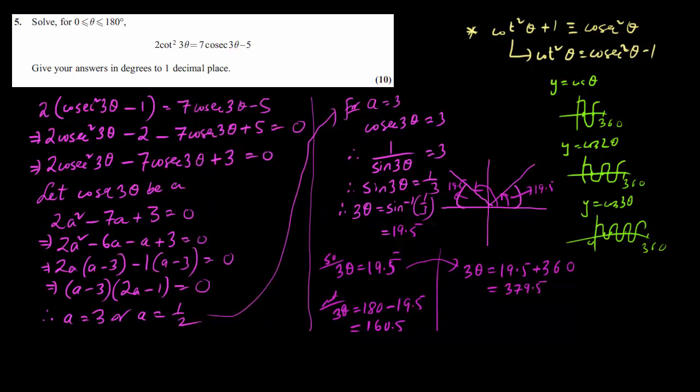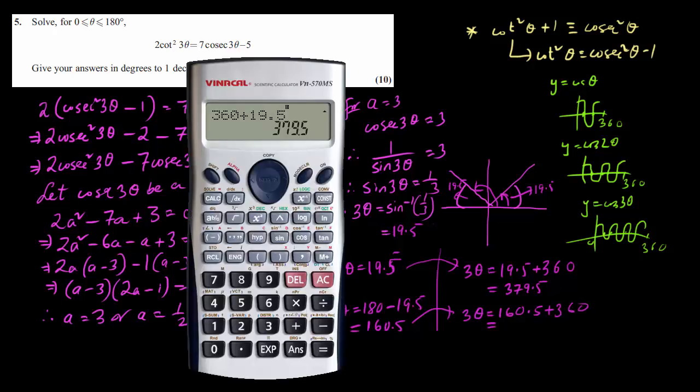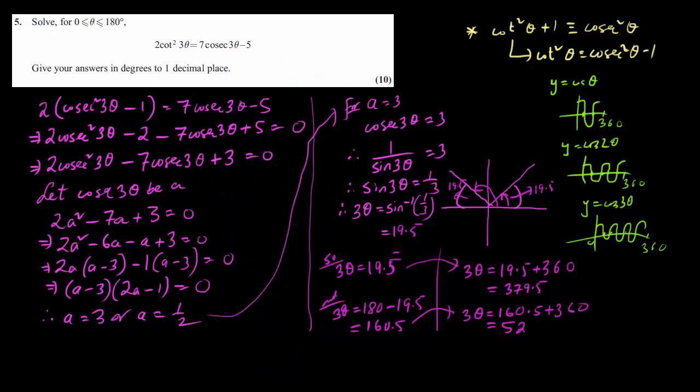Let's check whether it goes into the range. Then 160.5 plus 360 degrees turns out to be 520.5 degrees.